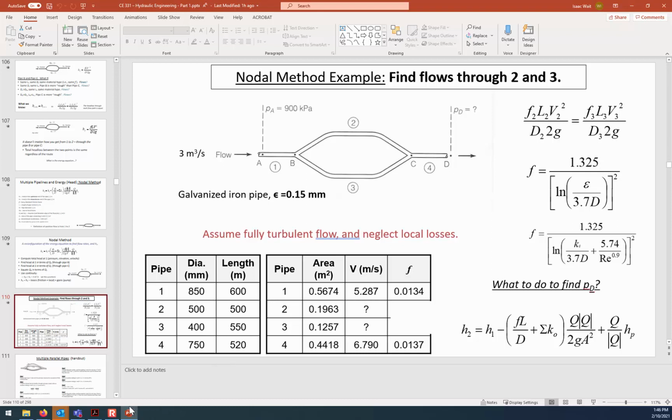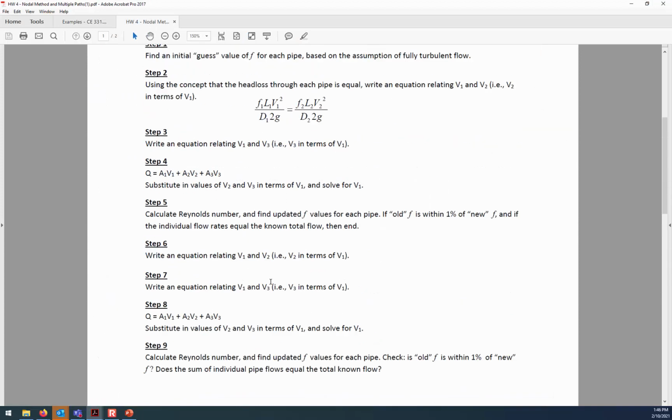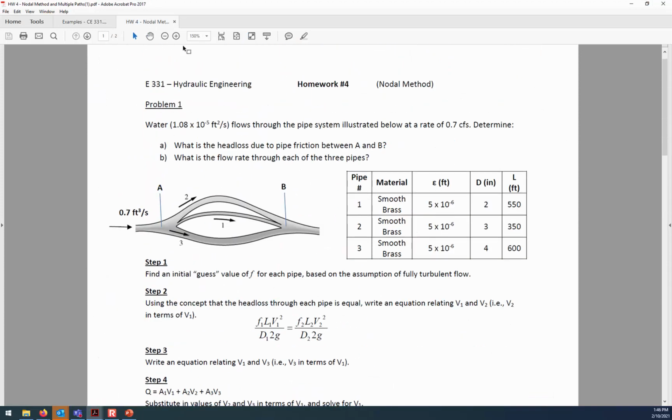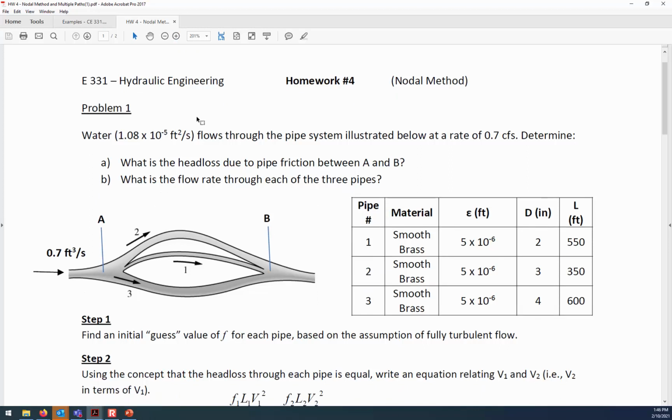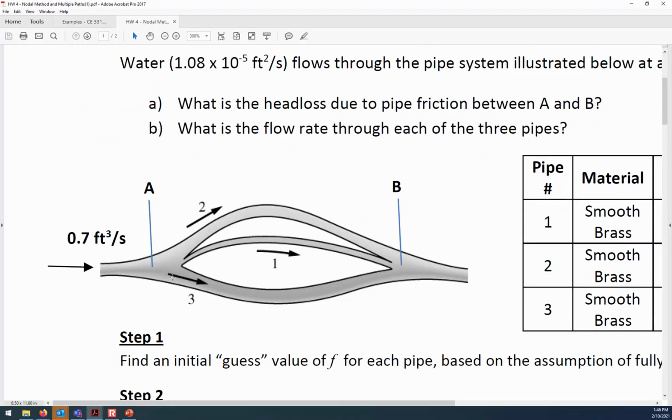Regarding the homework, you've got flow going through 3 routes instead of 2. The same principle applies though. You've got a certain amount of head at A and a certain amount of head at B, and the head loss through pipe 1 is equal to the head loss through pipe 2, and that's equal to the head loss through pipe 3. So all of the head losses are equal.